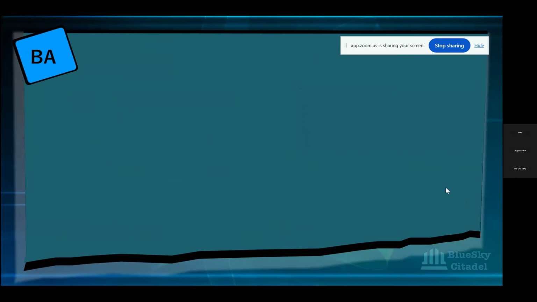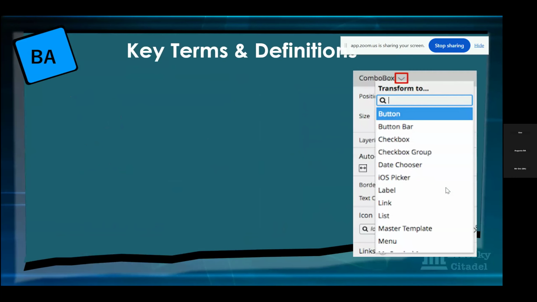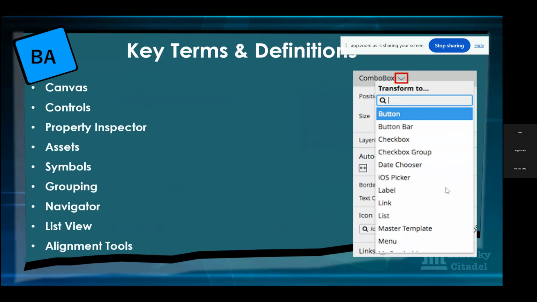Okay, so some of the key terms and definitions you see, we're going to go there, but again, there's no way this class, even if you're 3 hours or 4 hours, can go through all the different features of Balsamiq.